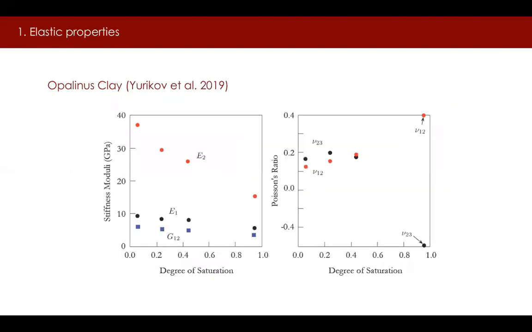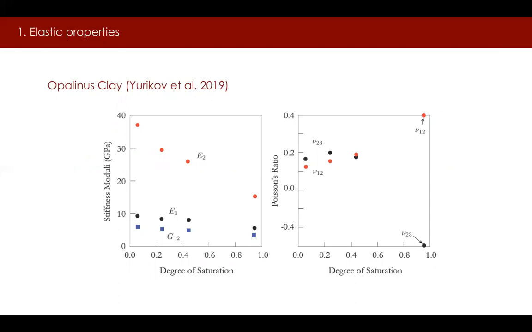Yurikov et al. measured P and S wave velocities in both bed parallel and bed normal directions of opalinus clay shale, and observed both wave velocities to increase with dehydration. This slide shows the measurements from Yurikov et al. on these samples at different hydration states.